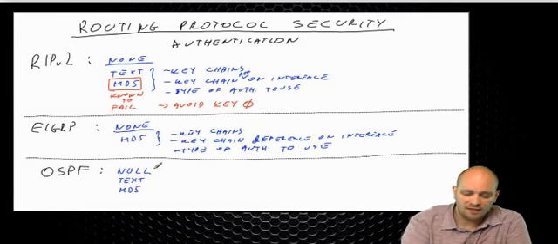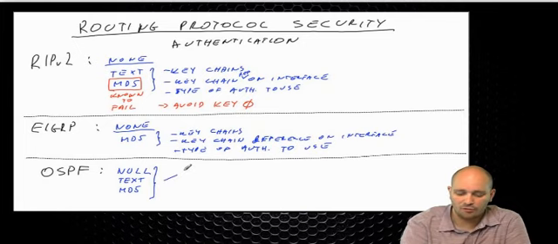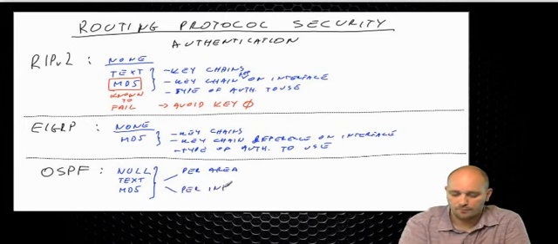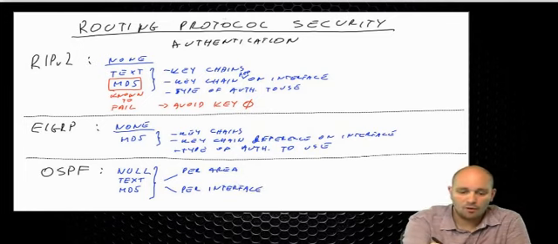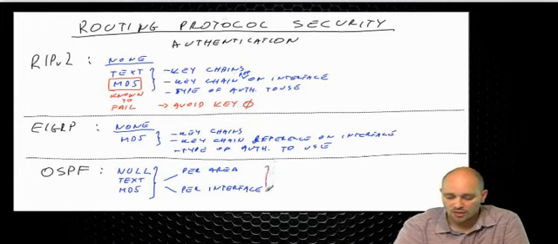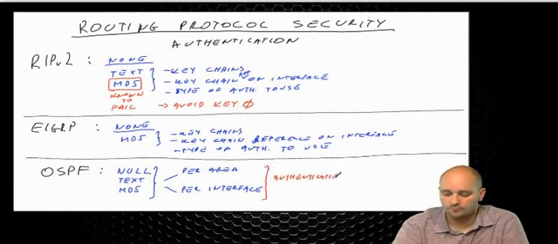Now, in all three cases, this can be configured either on a per area basis or per interface. And no matter which one of these you use, what you are actually doing is specifying the authentication type to use.